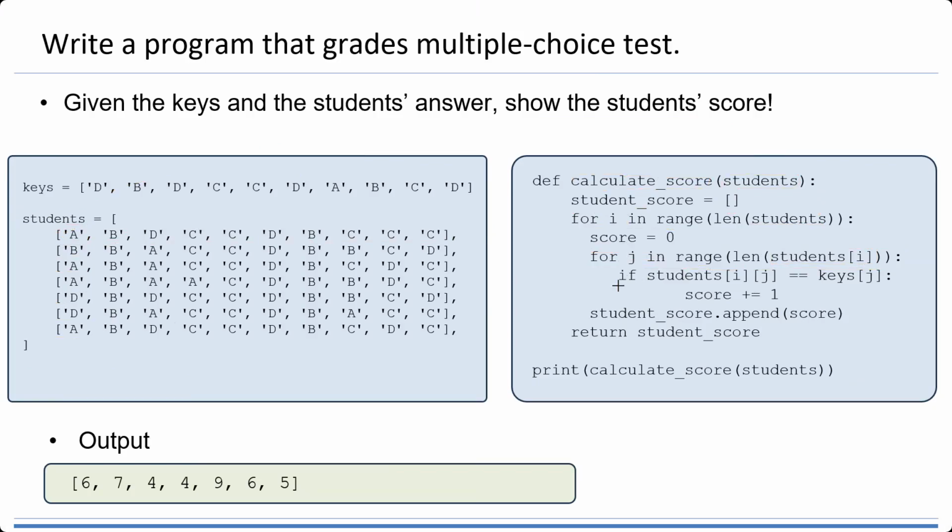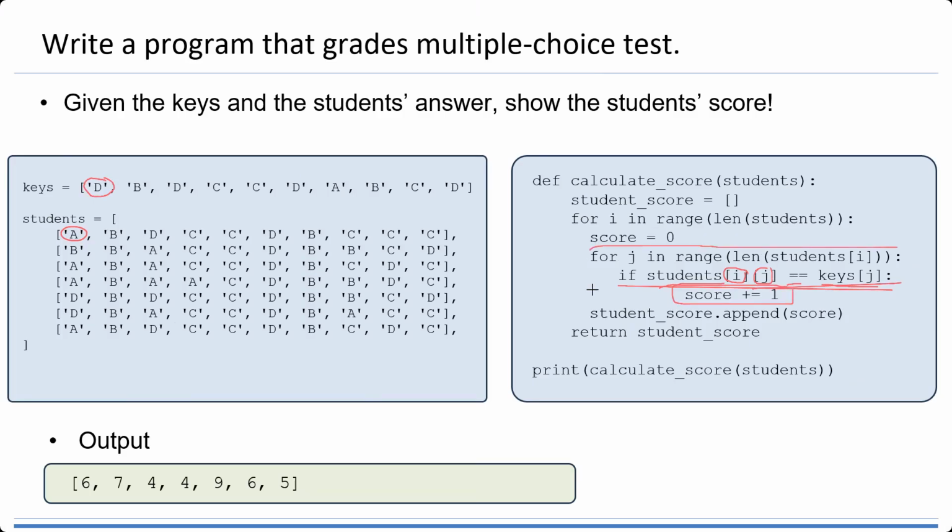And then I need to check if the students at index i and j equals the keys at index j. If this is true, then add 1 to the score.